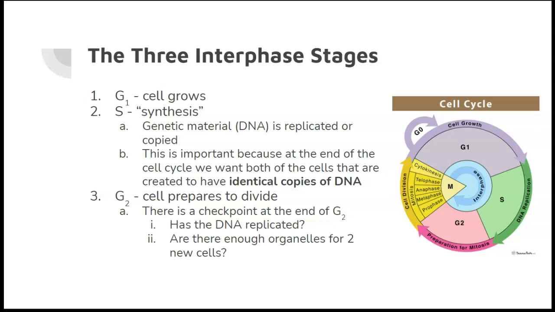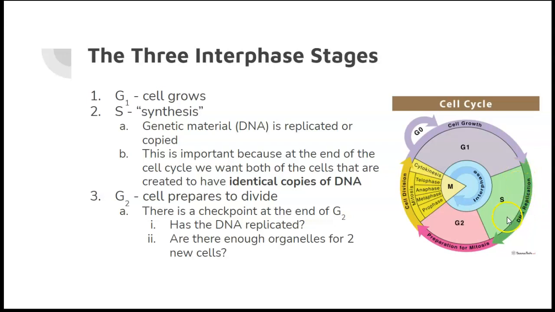In this sense, the genetic material is replicated or copied, so you are making additional copies of the DNA that's already in the original cell. This is super important because, again, that word identical, at the end of this cycle, we want identical cells that have identical copies of DNA.